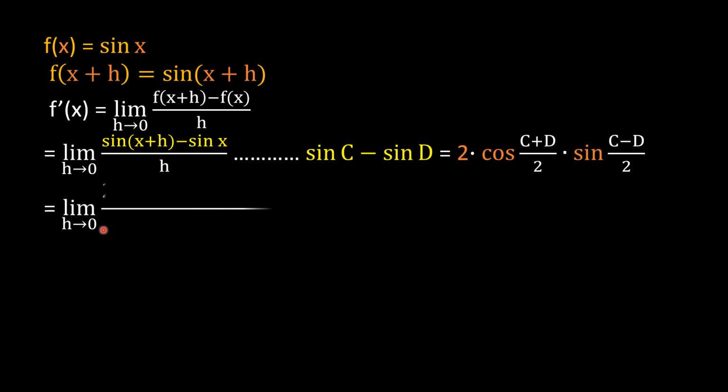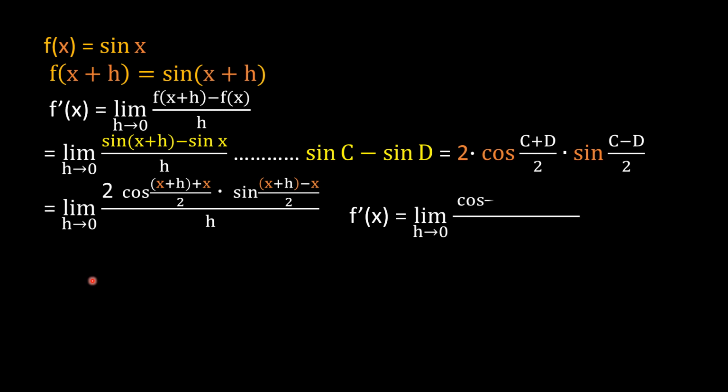So this will become 2 cos of (x plus h plus x) divided by 2, multiplied by sin of (x plus h minus x) by 2. Here x plus x will become 2x, x minus x will become 0, and we will take this 2 below this h, so it will become h by 2.